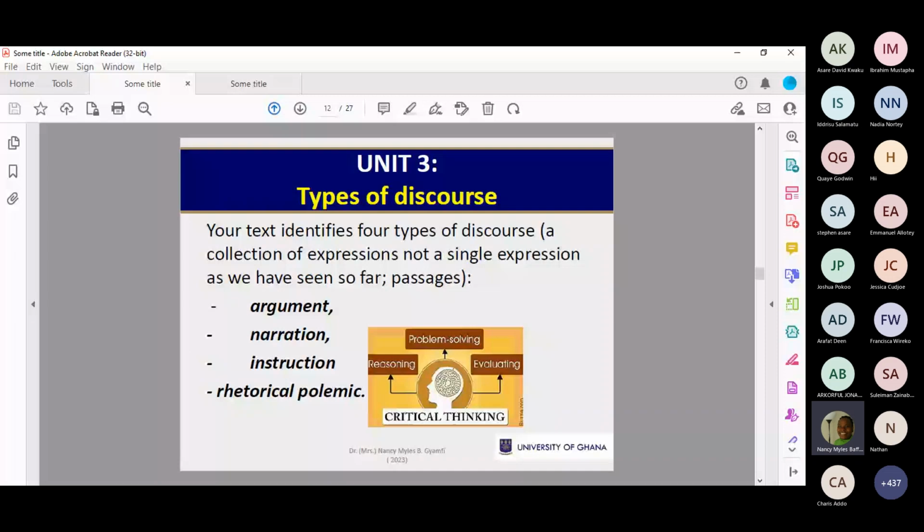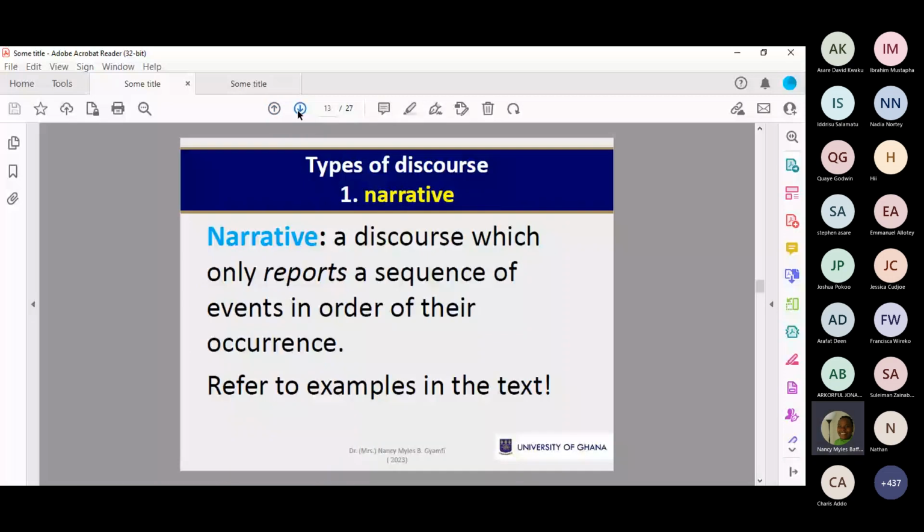So what is happening in that passage is a narrative. They're telling you or reporting on how something happened, the sequence or the order of occurrence of an event. So it is narrated. Your textbook gives you plenty of examples.